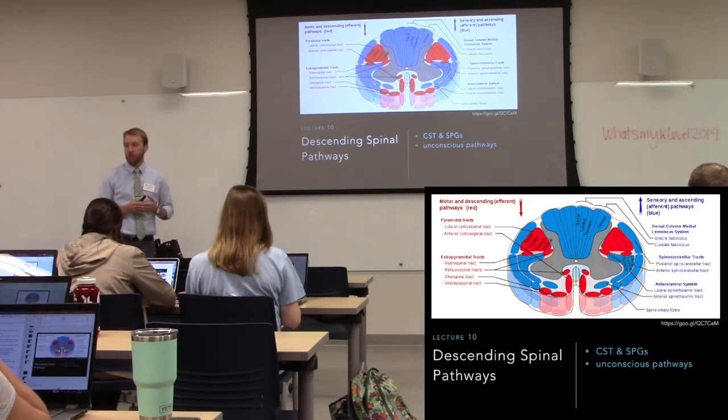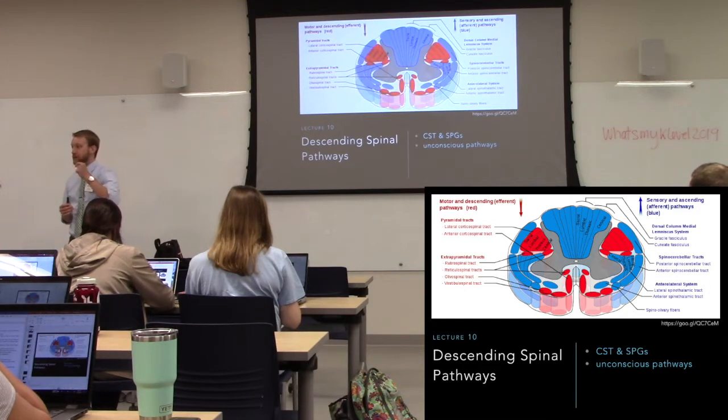Now, you might have the impression that the cortex has everything all figured out, and it sends a very refined message to our lower motor neurons, but that's not really the case. There's still quite a bit of processing that goes on in the spinal cord.